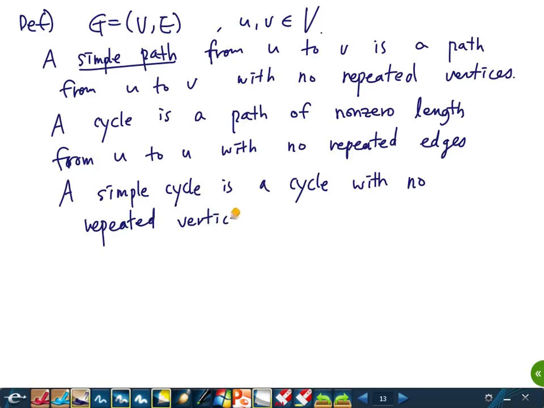But of course, the first and the last vertex, the starting and ending points, are always the same. So we don't consider them as repeated, except the first and last vertices, because they're always the same. So hopefully this example will be helpful.